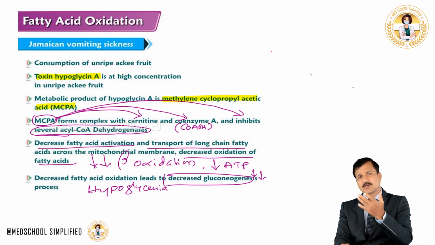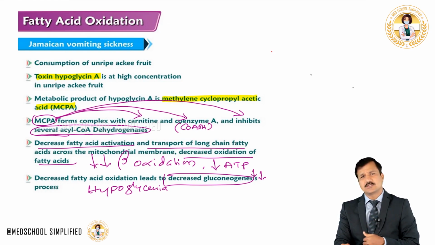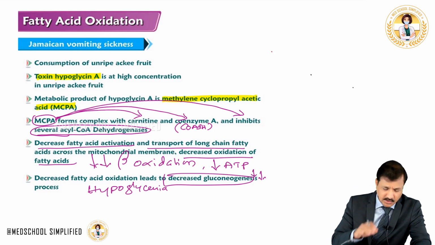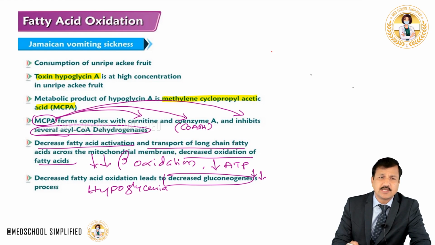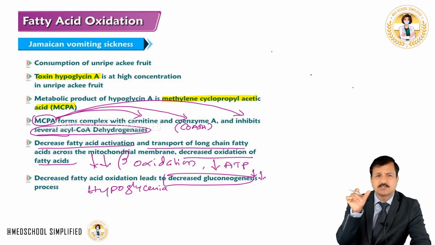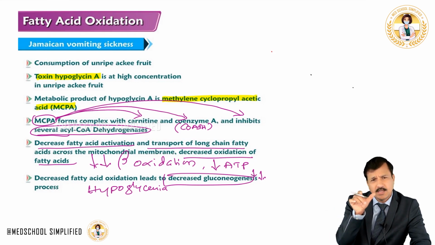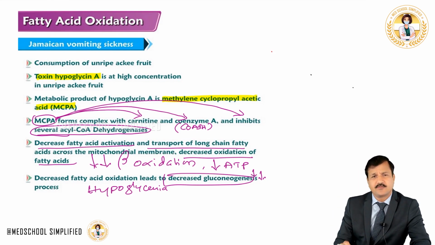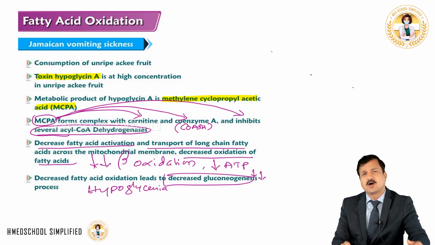Or when the person goes into a fasting condition, not taking any food, hypoglycemia sets in and gluconeogenesis is not helping because it is down. So this is the pathophysiology of Jamaican vomiting sickness, and how hypoglycin is converted to MCPA, which has so many inhibitory effects on the oxidation of fatty acids, starting from carnitine.